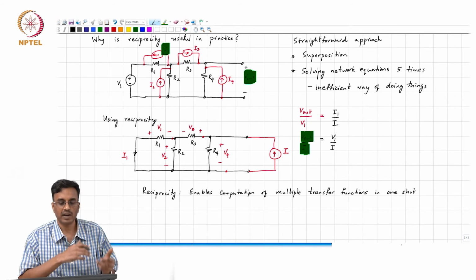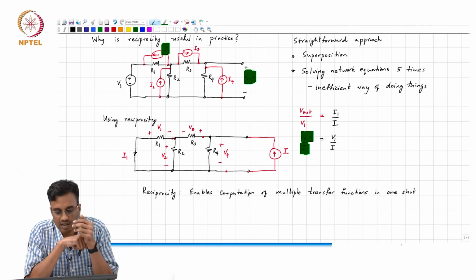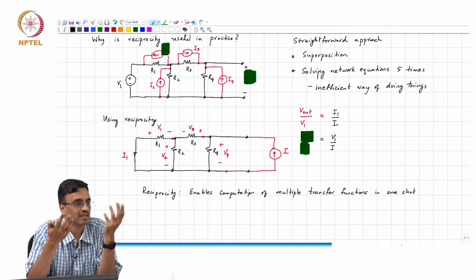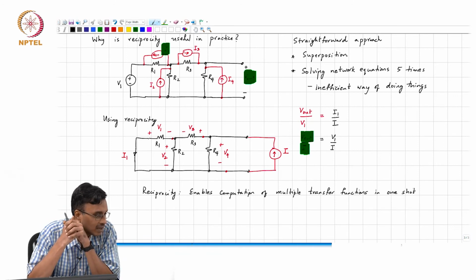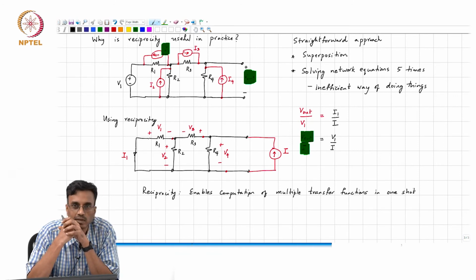Okay. And you might say, oh well, this is such a simple network, is it really such a big deal to solve the network 5 times? Why is there such a big fuss?